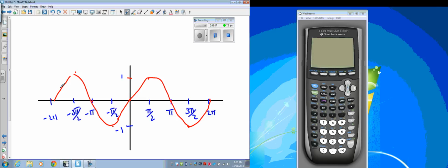Well, what does your calculator do? When you go sine inverse of 1/2, does it say, well, it could be 30 degrees, or it could be 30 back from 180, 150 degrees? No, it gives you one value. And which value does it give you?